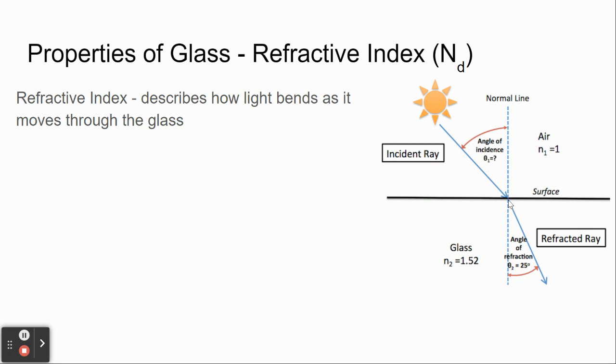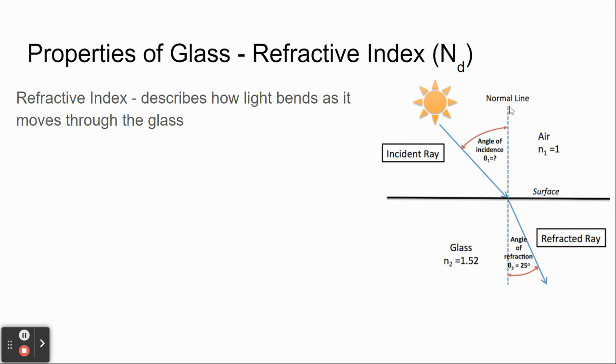As it does so, that light then is going to be caused to bend in a particular direction. Now, you'll notice in this picture there is what's referred to as the normal line. This normal line is an imaginary line that is perpendicular to the surface of the medium that the light is traveling into.